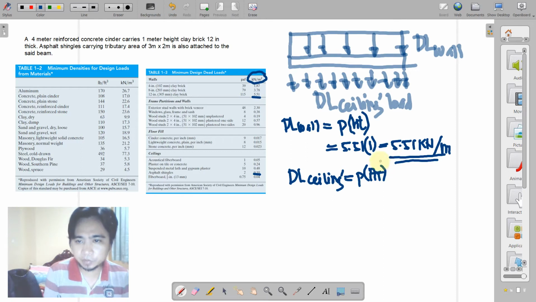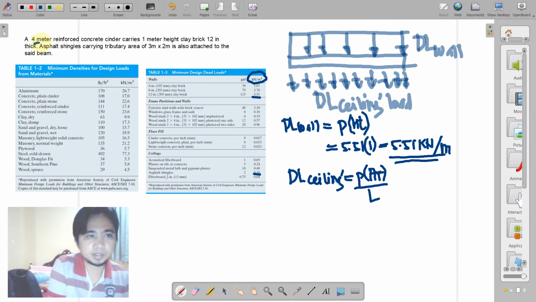This now becomes force, because kilonewton per square meter times square meter becomes kilonewton, which is a unit for force. All we need here is to divide this by the length involved. The length is 4 meters, so L is equal to 4 meters.